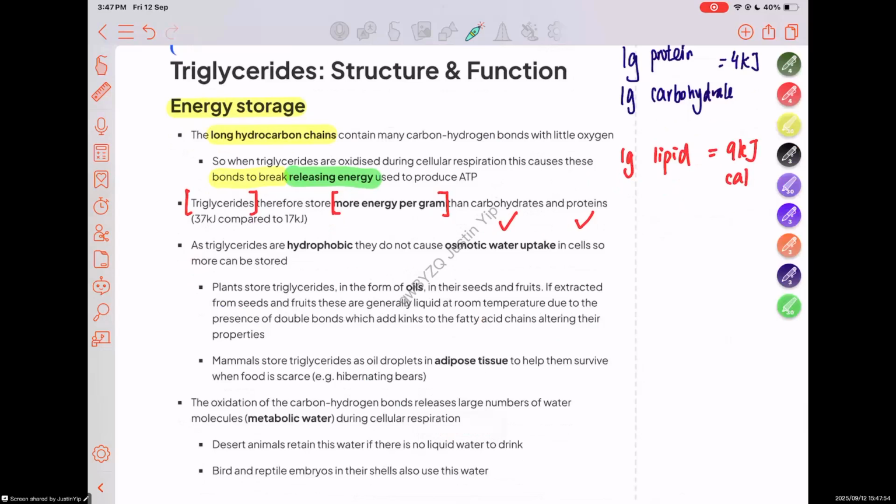Triglycerides are actually hydrophobic, so they will cause osmotic water uptake. This one is not so important, you can just remember energy storage. And they act as a heat insulator.